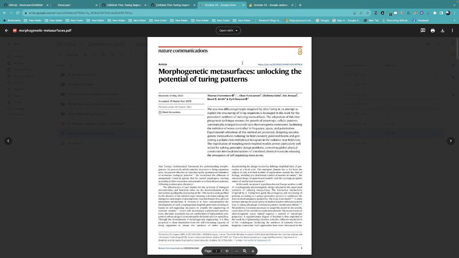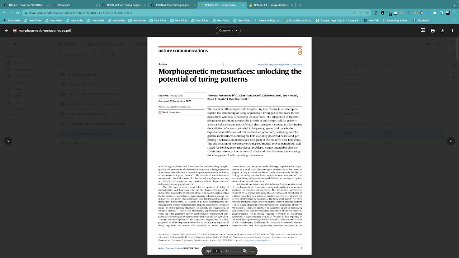So now I'd like to talk about a paper that's related to something Susan said in the meeting. She was talking about metamaterials and how we can use some of those intermediate filaments to weave them together into very strong materials. And so that's metamaterials, and that's an emerging area of nanotechnology, microtechnology. But this is an interesting paper on metasurfaces, and specifically adding the dimension of morphogenesis to the creation of metasurfaces.